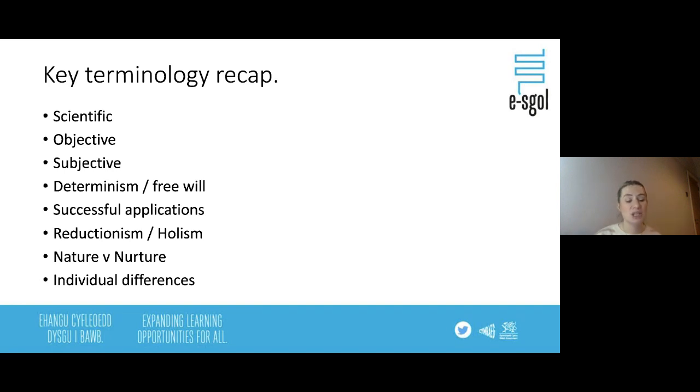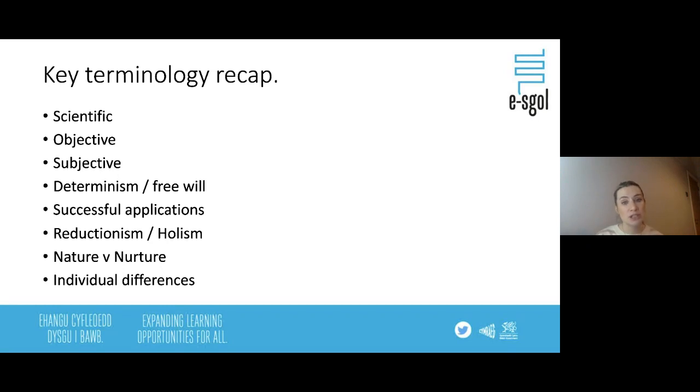Next one, determinism versus free will. So free will is that we are able to have our own thoughts and our own feelings, and our behaviour isn't determined by something else. We have control of it. Whereas determinism means that behaviour is determined by factors that are outside of our control. Okay, things like your genes, your hormones, your brain structure.